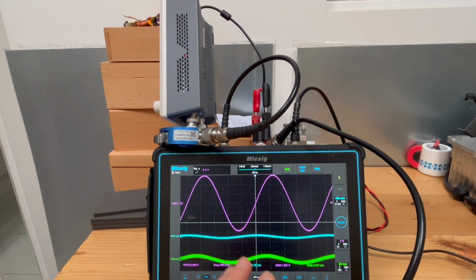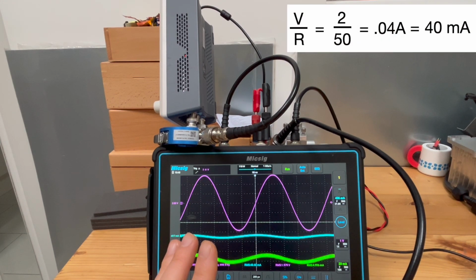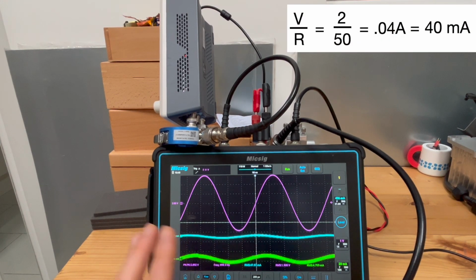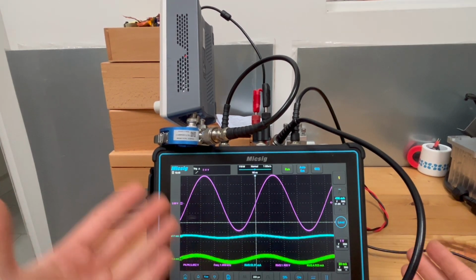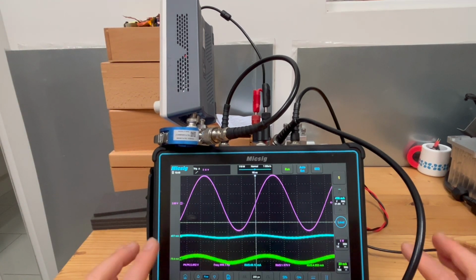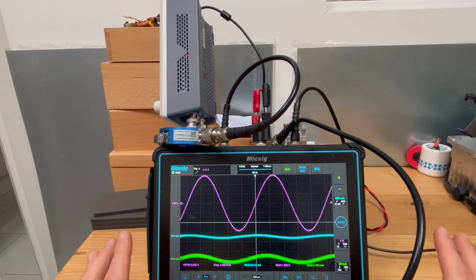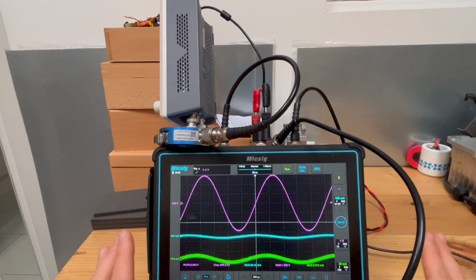Just doing Ohm's law, we should expect to see something like 40 milliamps going between the signal generator and the oscilloscope. But because of the setup and the measurements we perform, there is some error here. Roughly, we are only interested in the ratio between return path 1 and return path 2.